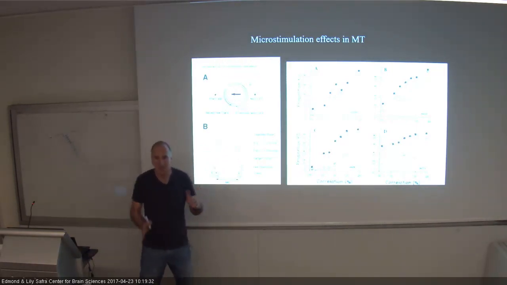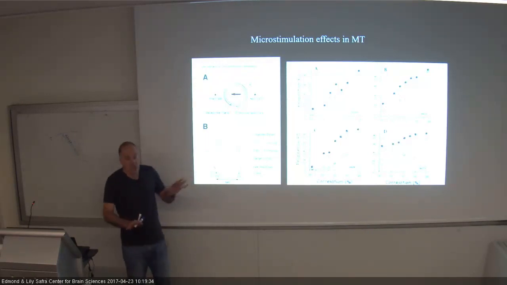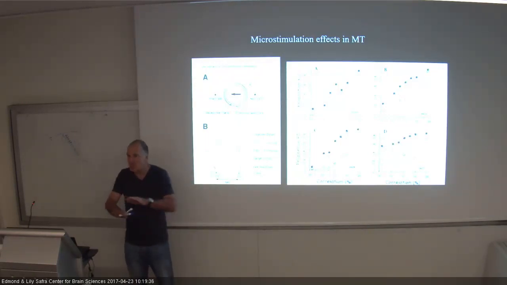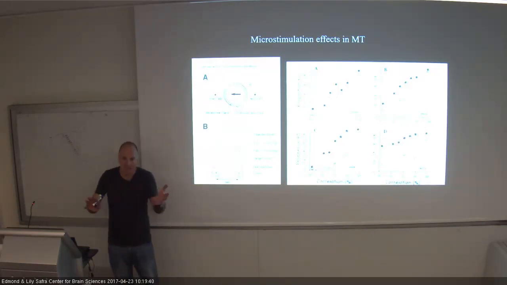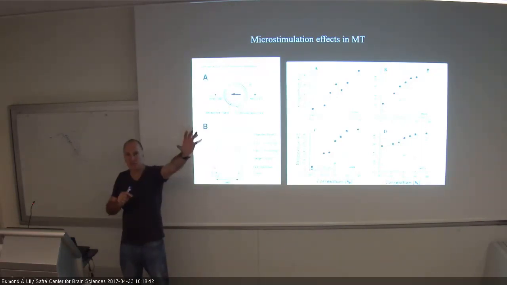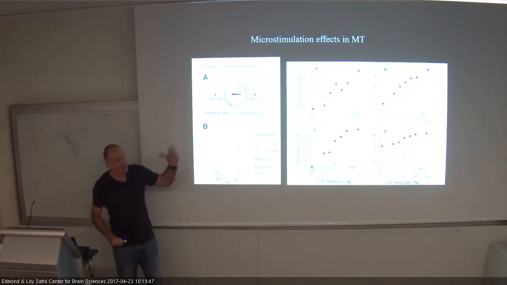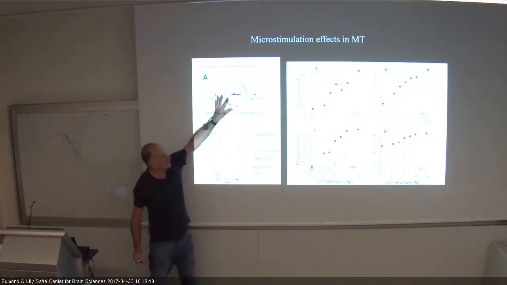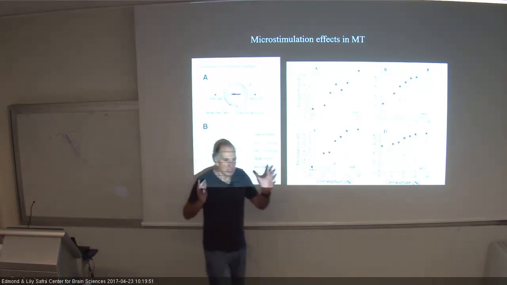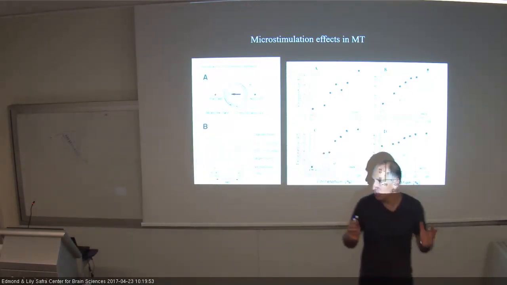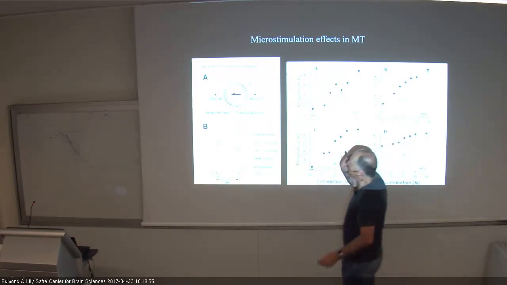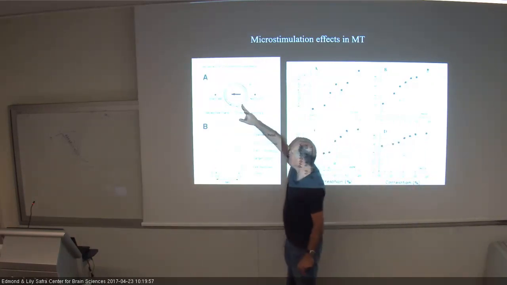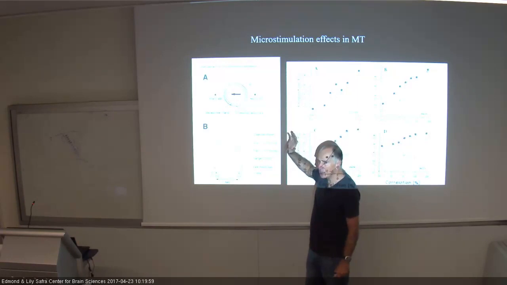Another thing that's important is that receptive fields of the neurons are generally largely overlapping, not completely overlapping, but largely. If one neuron had a receptive field here and the other there, it wouldn't make much sense to do the experiment. But since they overlap, you can place the stimulus at the average receptive field position and the average preferred direction. And now it's the same as we described before.